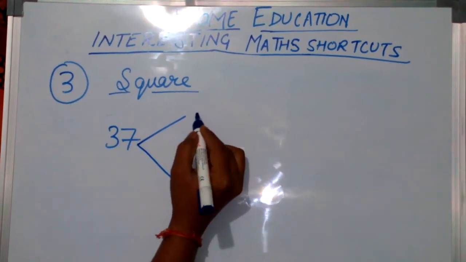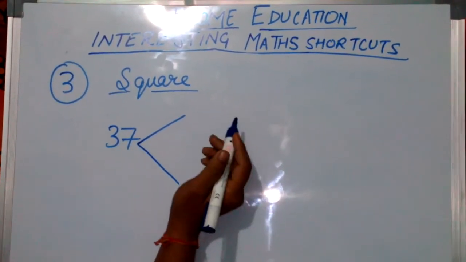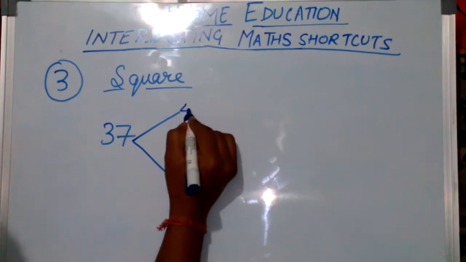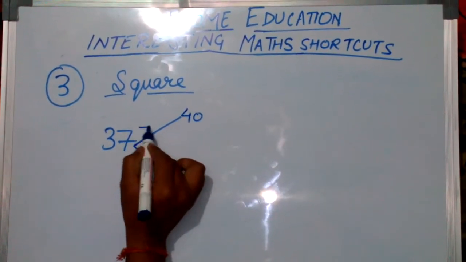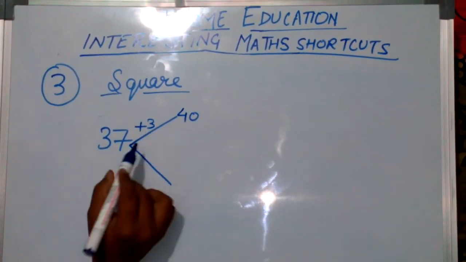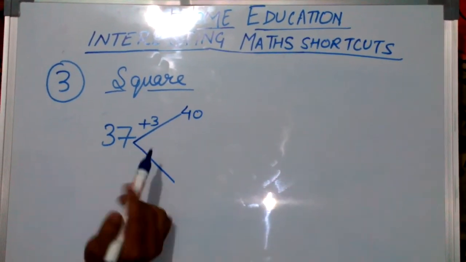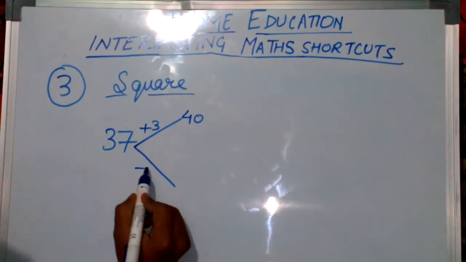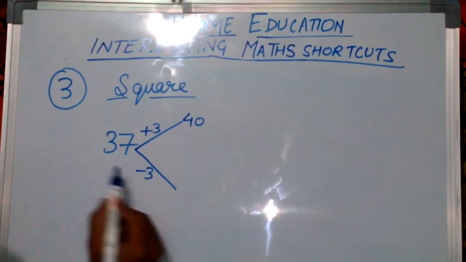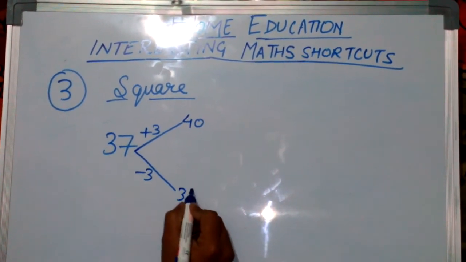The nearest multiples of 37 are 30 or 40. We take 40. For 40 you have to add 3. As in any problem, if you add an amount, you also have to subtract the same amount. So subtract 3 from 37, you will get 34.